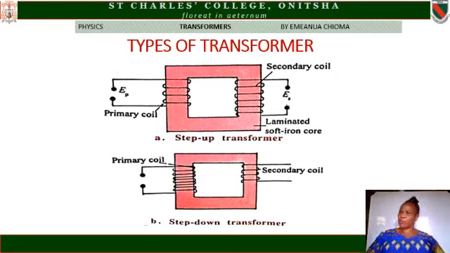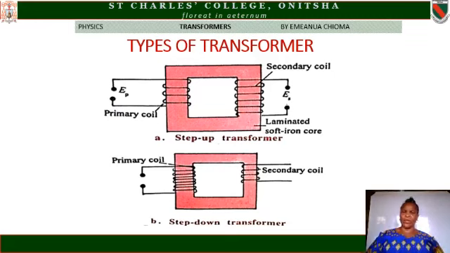We have 2 types of transformers. We have the step-up transformer and the step-down transformer. We can differentiate between these 2 types of transformers by the coils in their secondary winding. The step-up transformer.